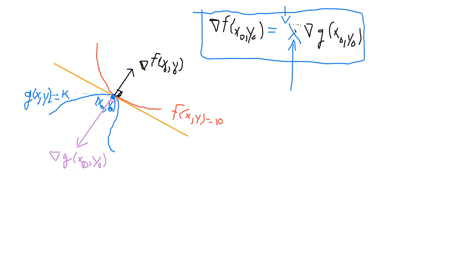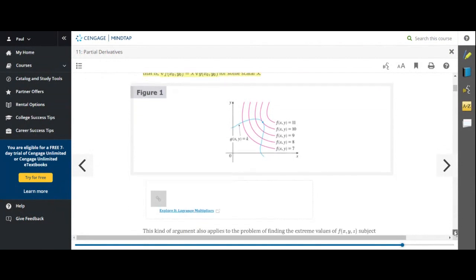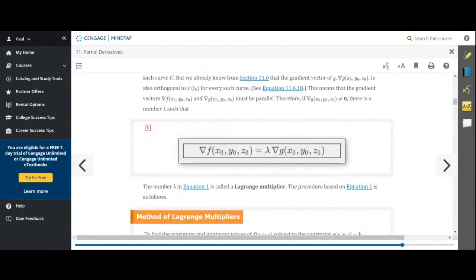Well, if we go back now to the book, they mention the same equation.